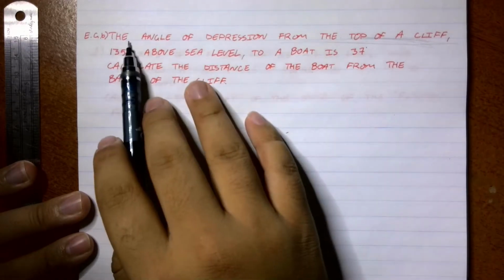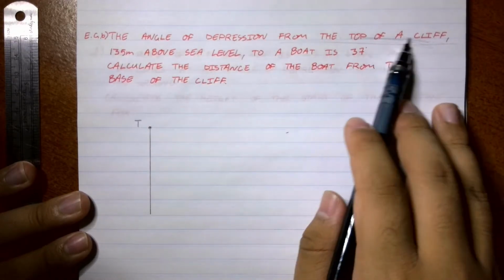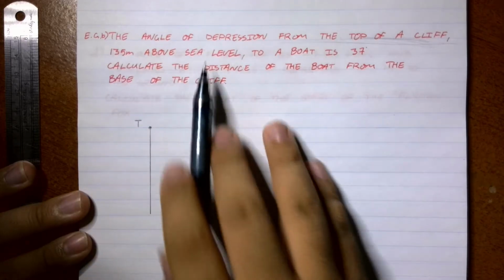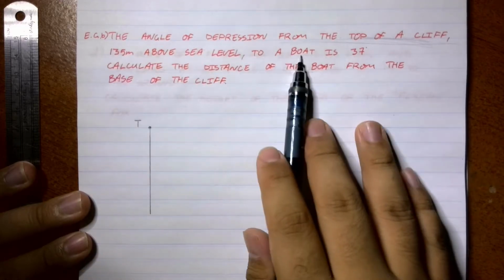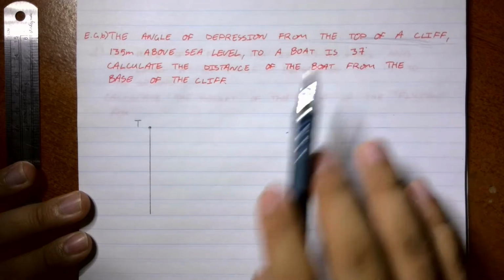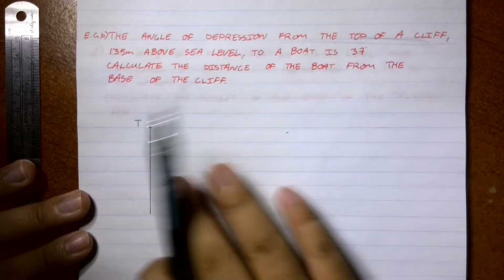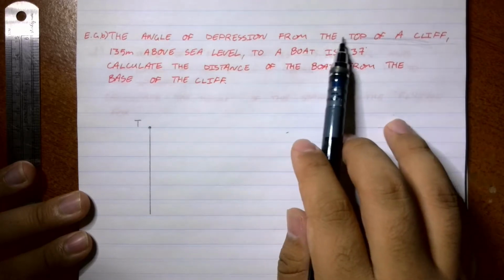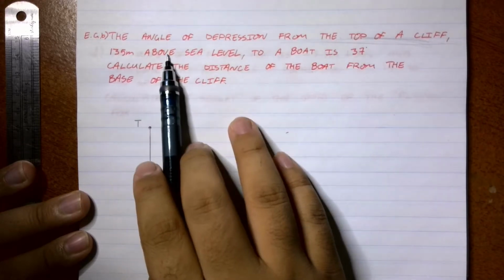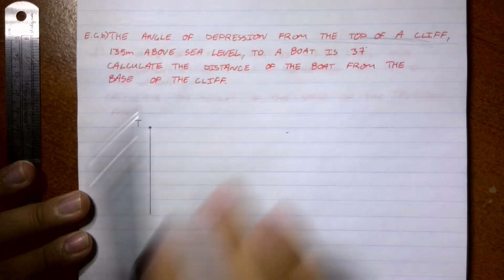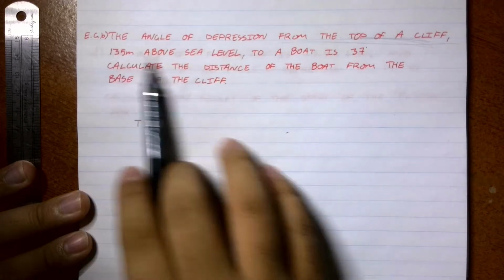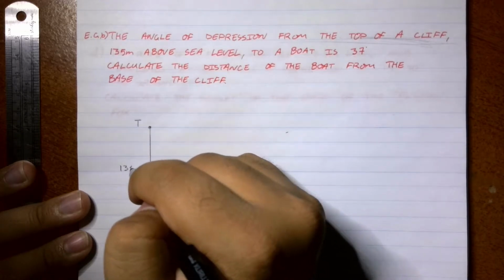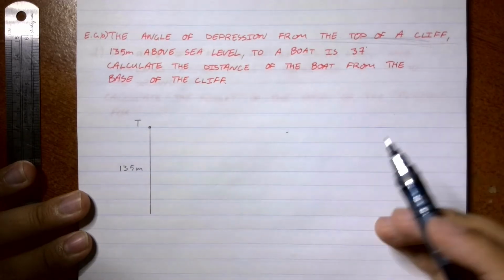Okay. The angle of depression from the top of a cliff, 135 meters above sea level, to a boat is 37 degrees. In case the sentencing looks a bit weird, the comma, so from the top of a cliff, 135 meters above sea level, that must be referring to the cliff. So we know the height of the cliff is 135 meters.